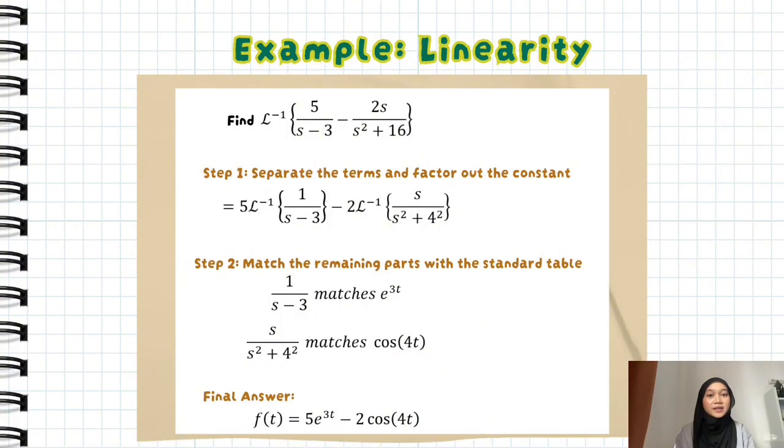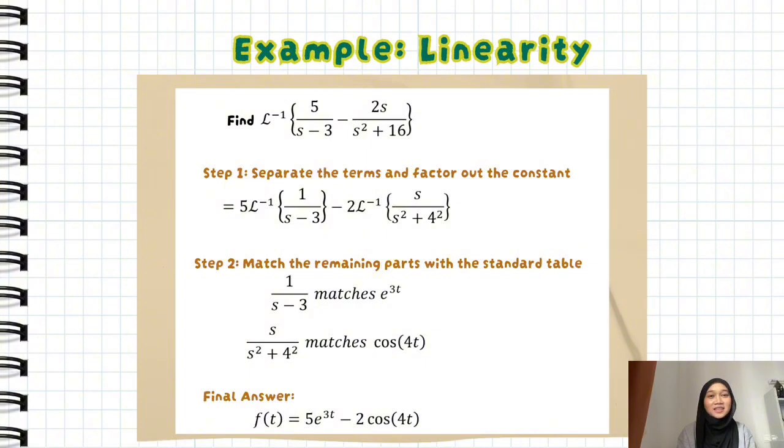Let us apply linearity to a practical example. We want to find the capital L inverse of the expression 5 over the quantity s minus 3 minus 2s over the quantity s square plus 16. First, we separate the terms and move the constant to the front. This gives us 5 times the capital L inverse of 1 over s minus 3 minus 2 times the capital L inverse of s over the quantity s square plus 4 square.